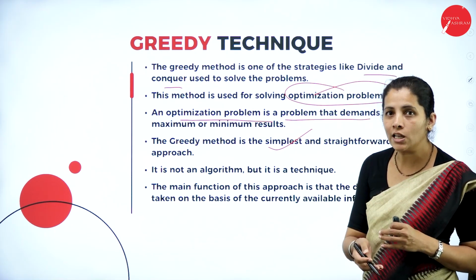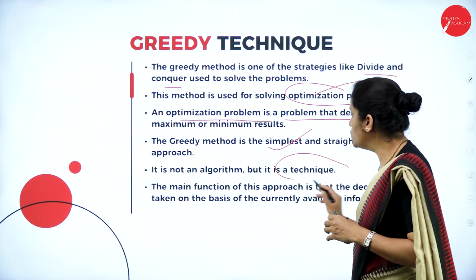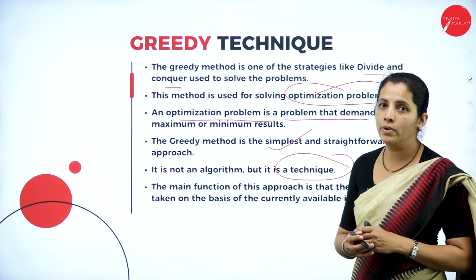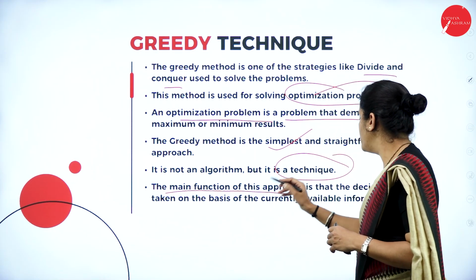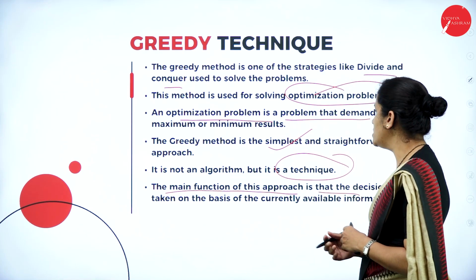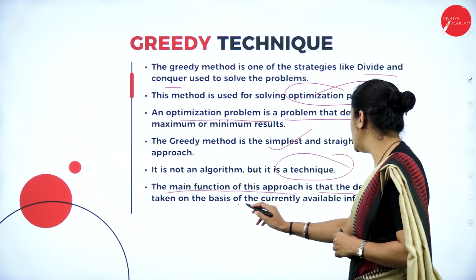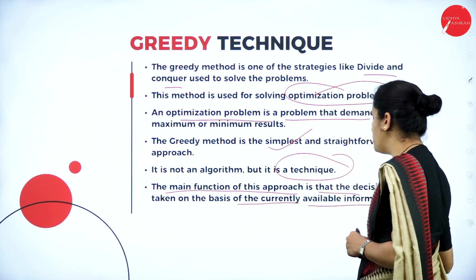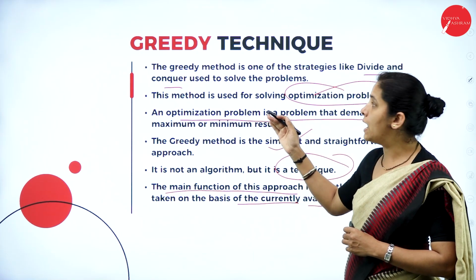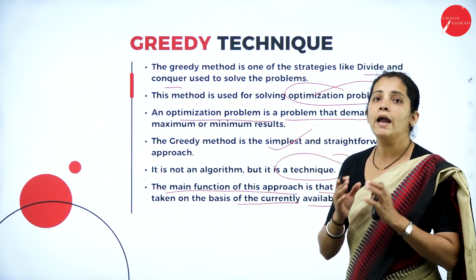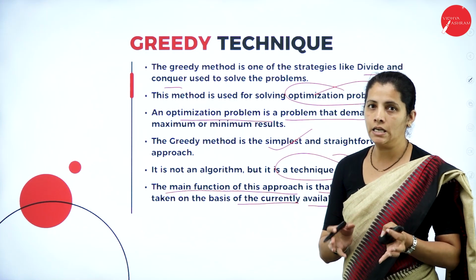It's not an algorithm, it's a technique used to find the optimal solution. The main feature of this approach is that decisions are taken based on the currently available information. So dear students, when I want to apply greedy technique, I want to have the spanning tree.